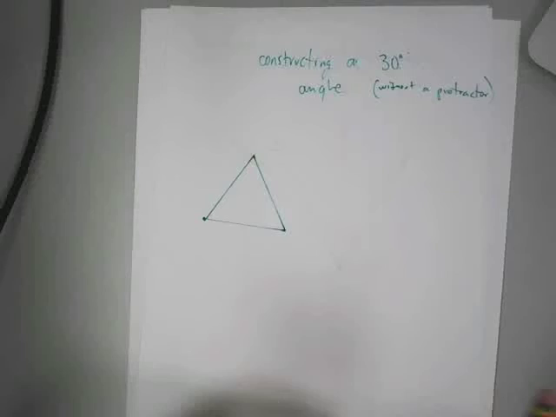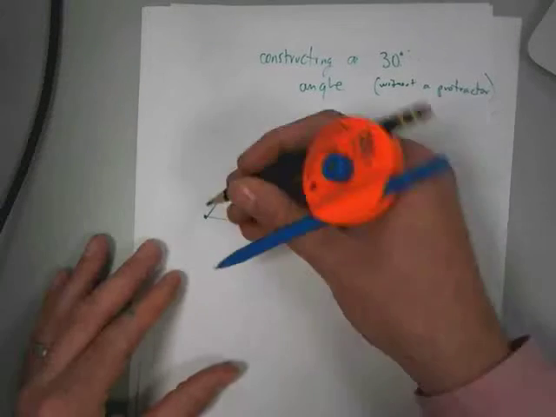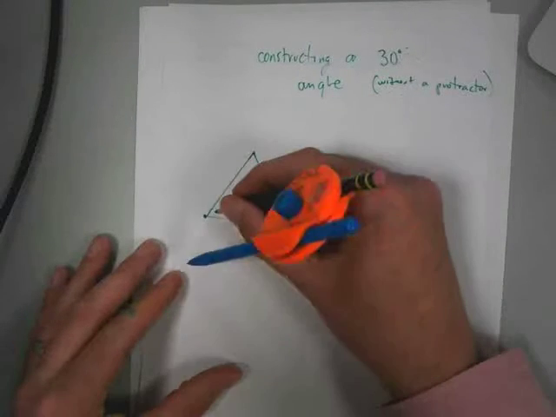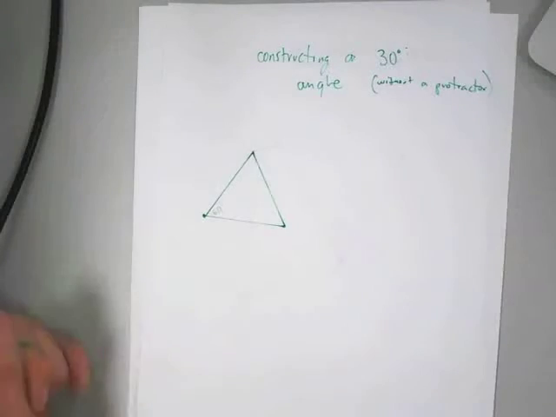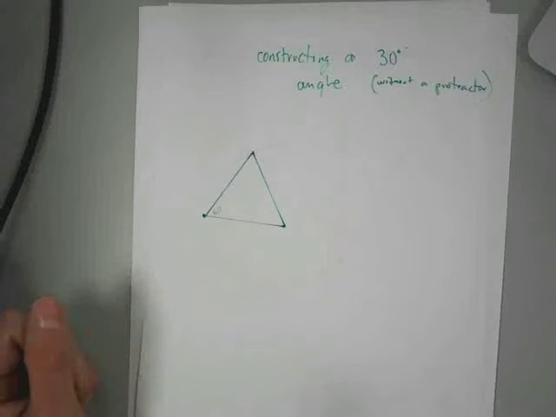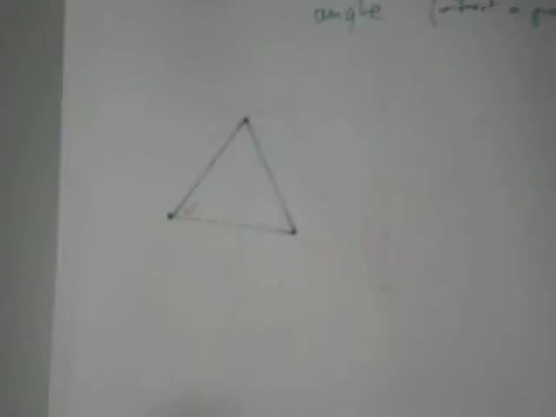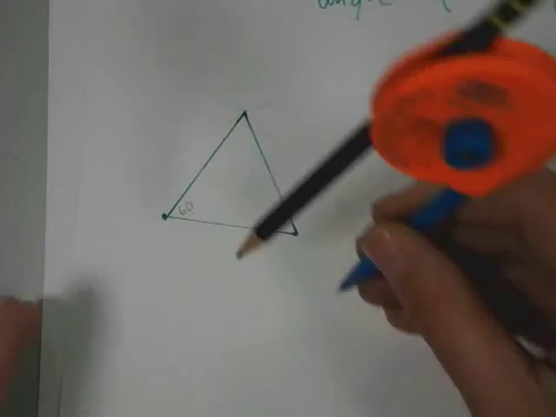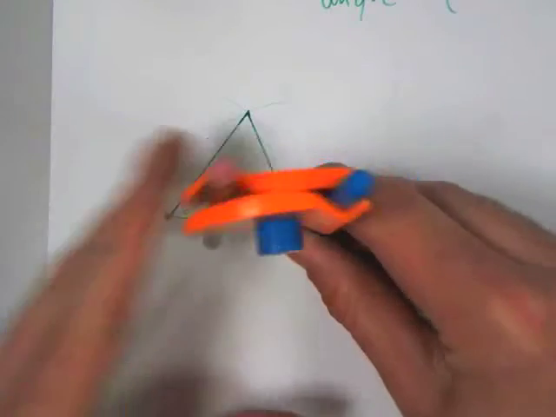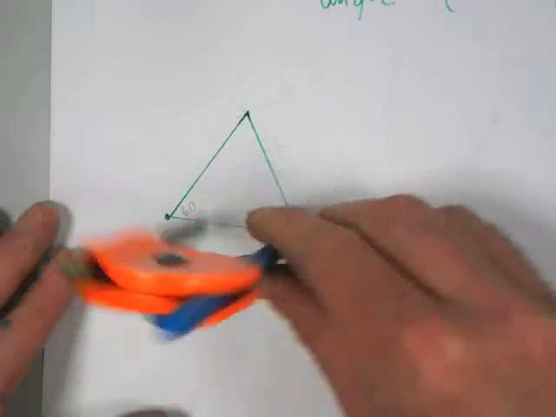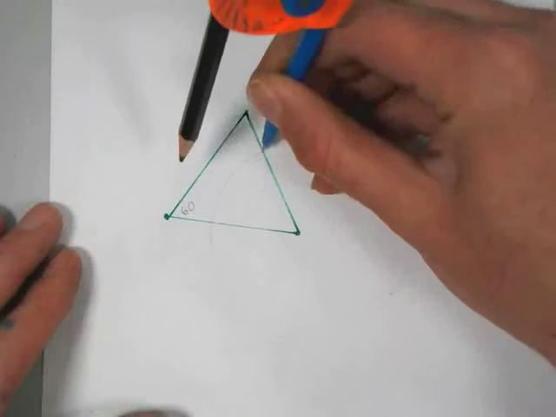So what's the angle inside an equilateral triangle? It's 60 degrees. All of them are 60. So what do you do? Zoom in a little bit, and then you bisect the angle to make it 30, because 60 divided by 2 is 30.